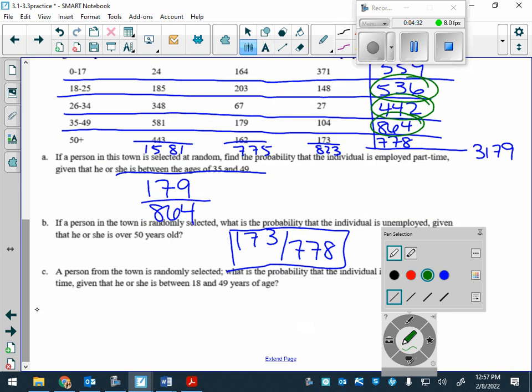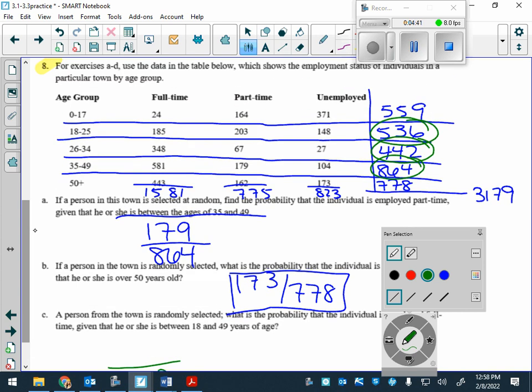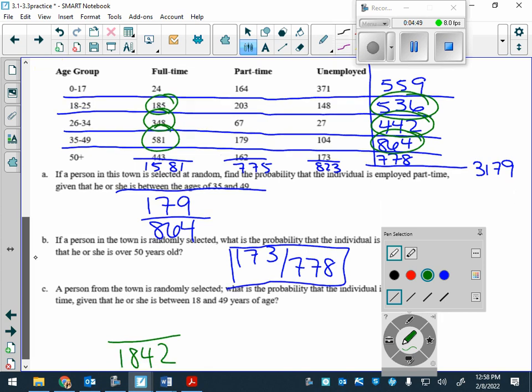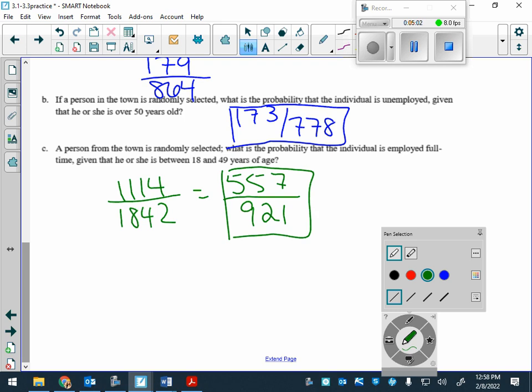Okay, so that came to 1842, and then your numerator, out of these three, which ones are employed full-time? So it's 185 plus 348 and 581. So before reducing, 557 over 921 is what Louise said.